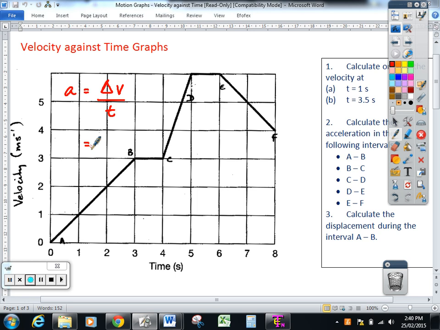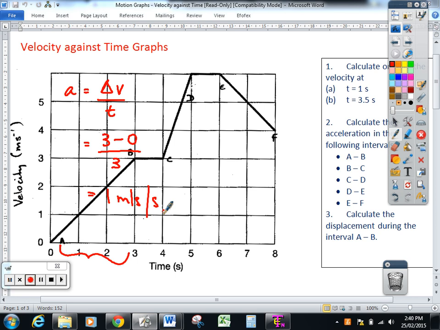So, the final velocity is 3 minus the initial velocity 0. That's what we just discovered. Divided by how long did it take for this to happen? It took 3 seconds. So that gives us 1 meter per second every second. Now, just before you copy down that 1 meter per second, let's see what that means.